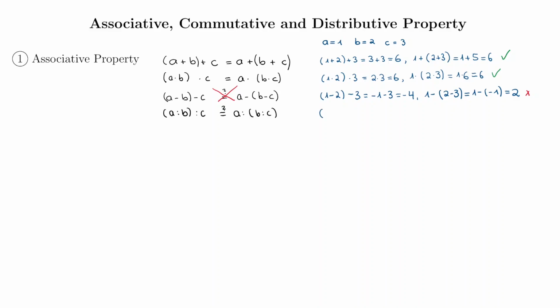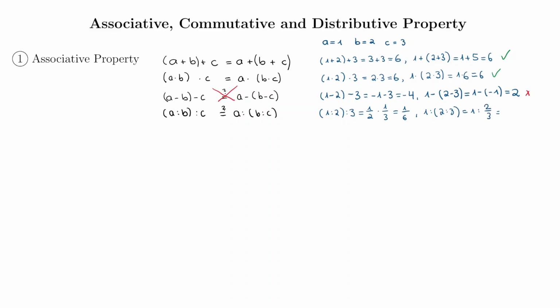So is 1 divided by 2, divided by 3, which is 1/2 divided by 3, which is times 1/3, which is 1/6. Is this the same as the right side, which would be 1 divided by opening bracket 2 divided by 3?